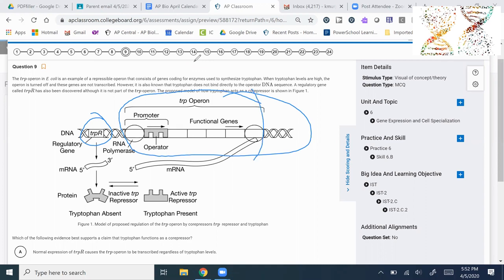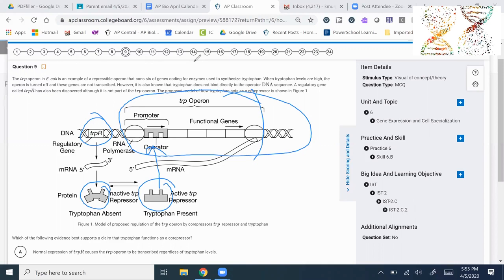And remember, this gene makes the inactive trp repressor. So this is inactive, this is active. Remember, when it's active, it can go ahead and bind the operator. And when it does that, then that shuts the pathway down. Because remember, this one is always on. This is a repressible operon.